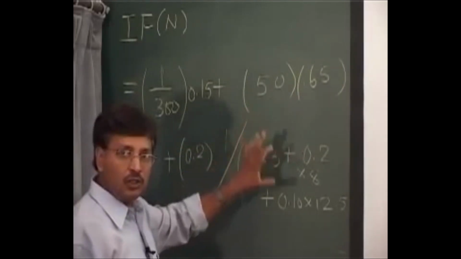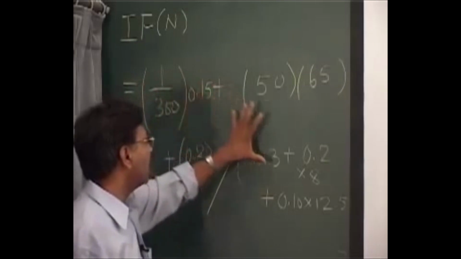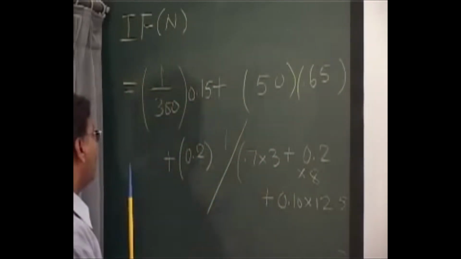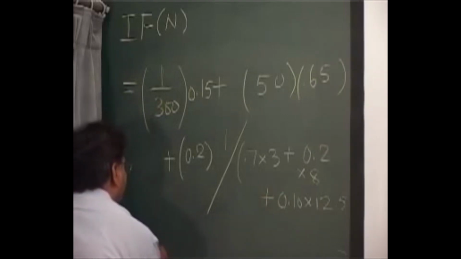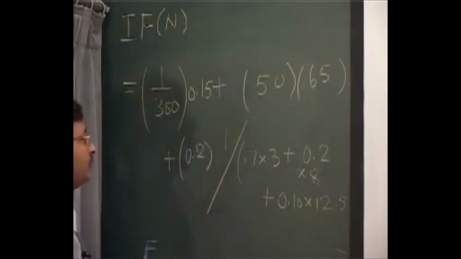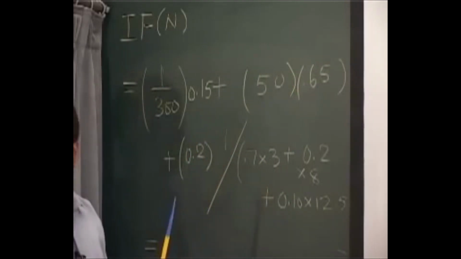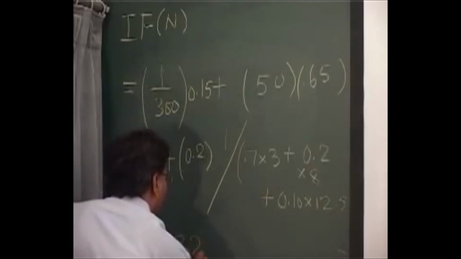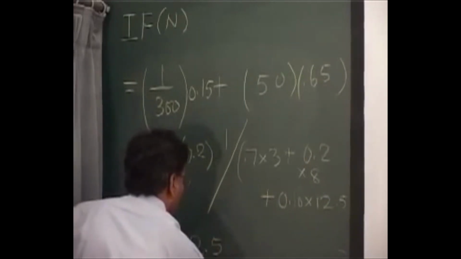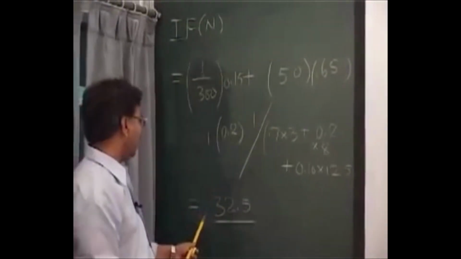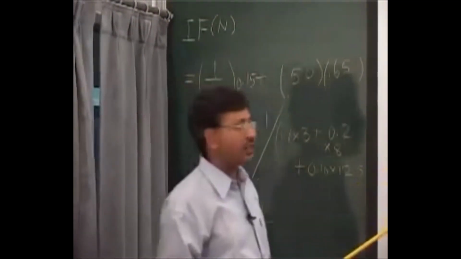You can do the entire calculation, or simply assume that these two you can ignore for simplicity. Actually you should find the full value, but it comes out close to 32.5. So largely the impact factor depends on the wind direction.